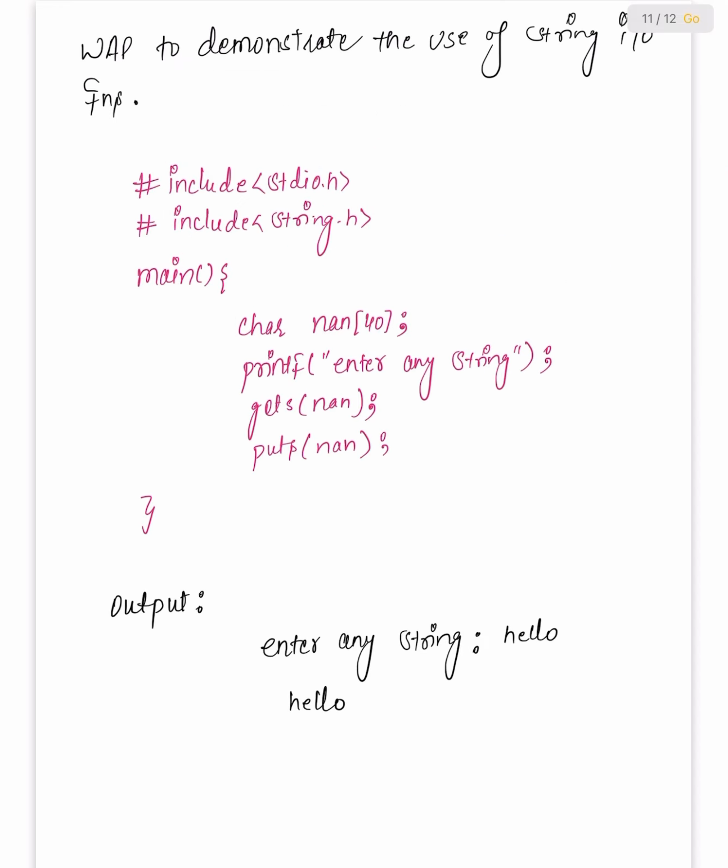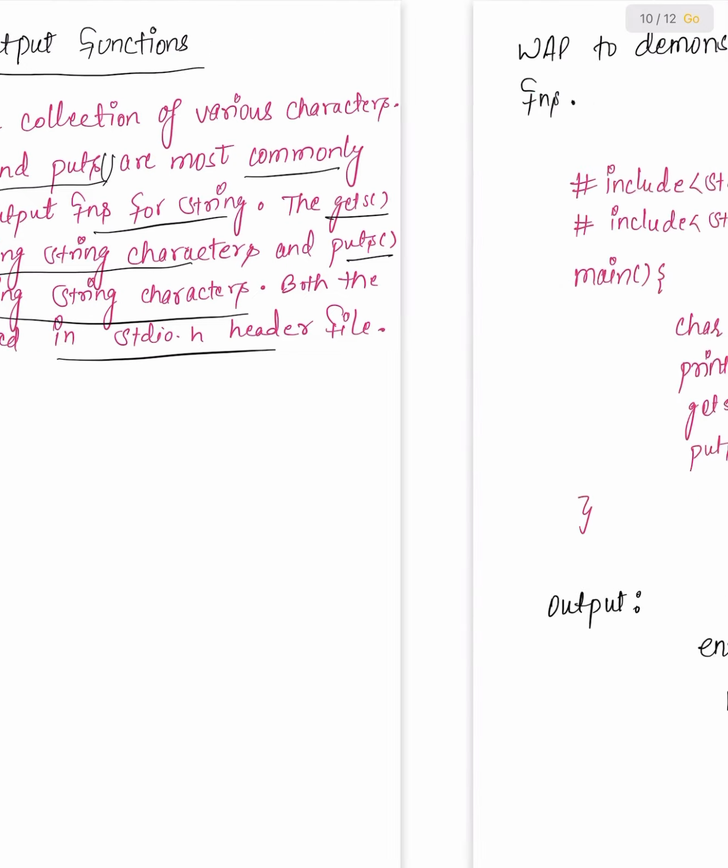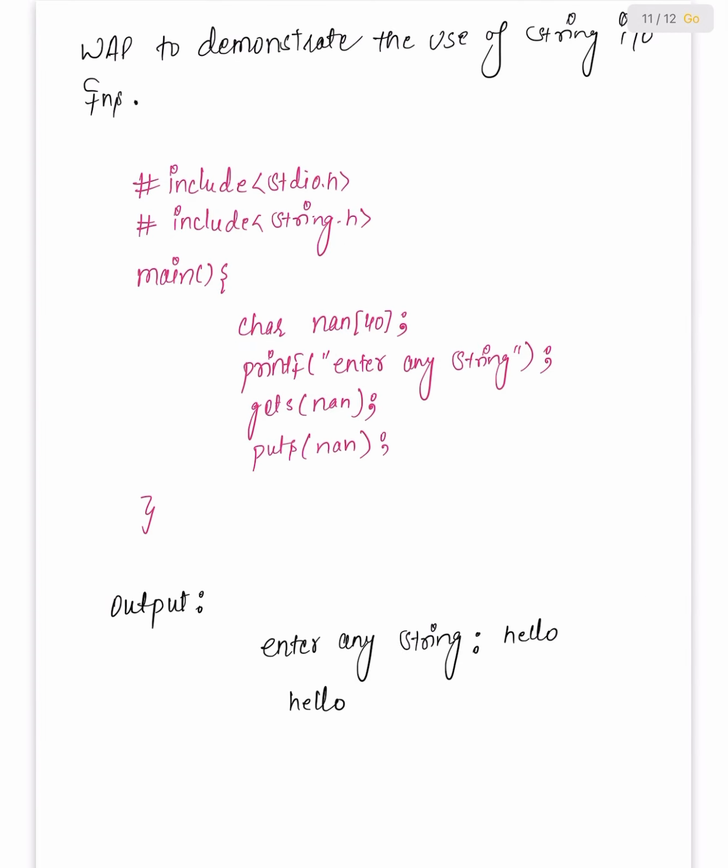So let's see the program for demonstrating these string input output functions. Firstly, the header files will be declared. After that, the main function will be started, and in the program we have an array string named nan, and the size of the array is 40.